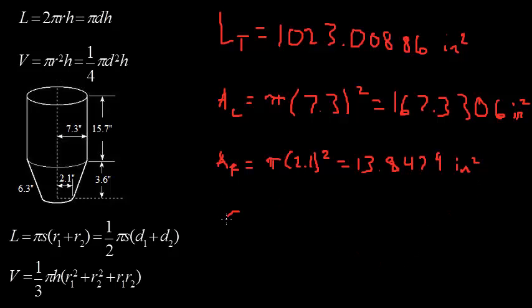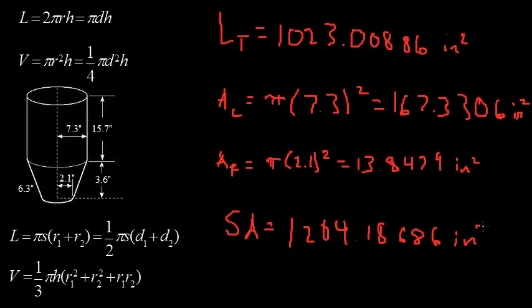Our total surface area then of this object is adding all of these together. So adding 1023.00886 plus 167.3306 and 13.8474, we get 1204.18686.